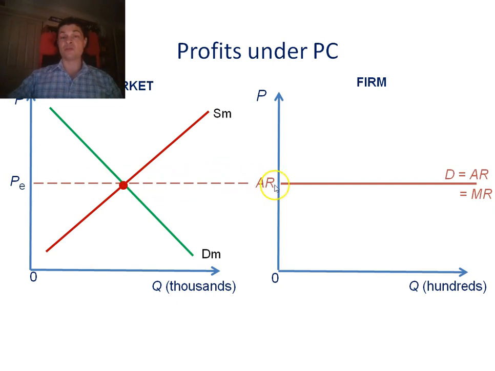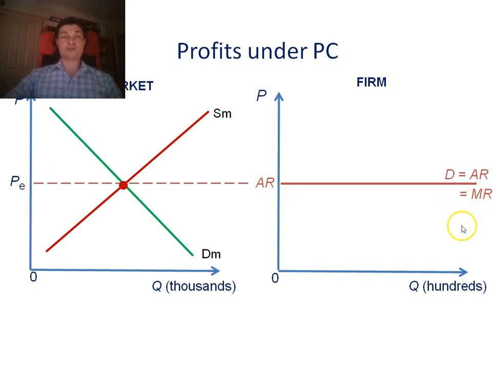So the PE will give us a perfectly competitive firm's perfectly elastic demand curve, which is also going to be the firm's average revenue curve, and under perfect competition it's also going to be equal to the marginal revenue curve. So in fact we see that we have that equality of P equals AR equals MR.